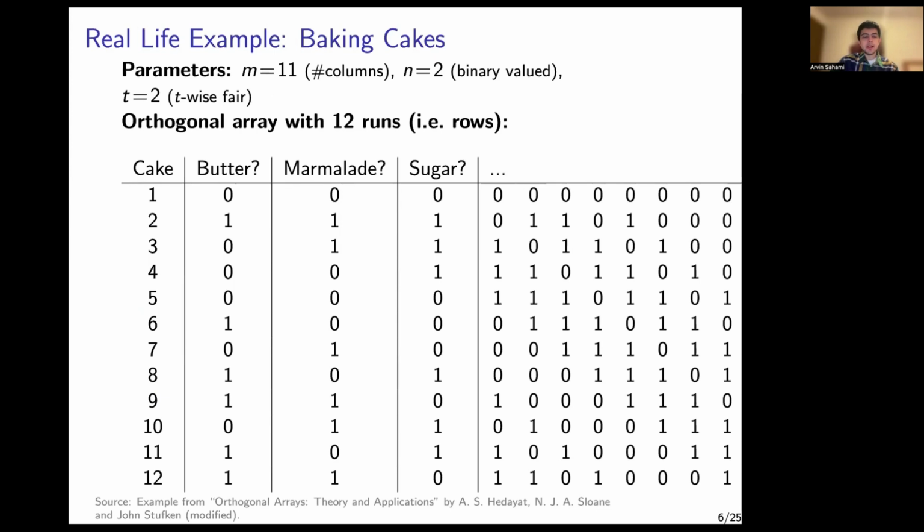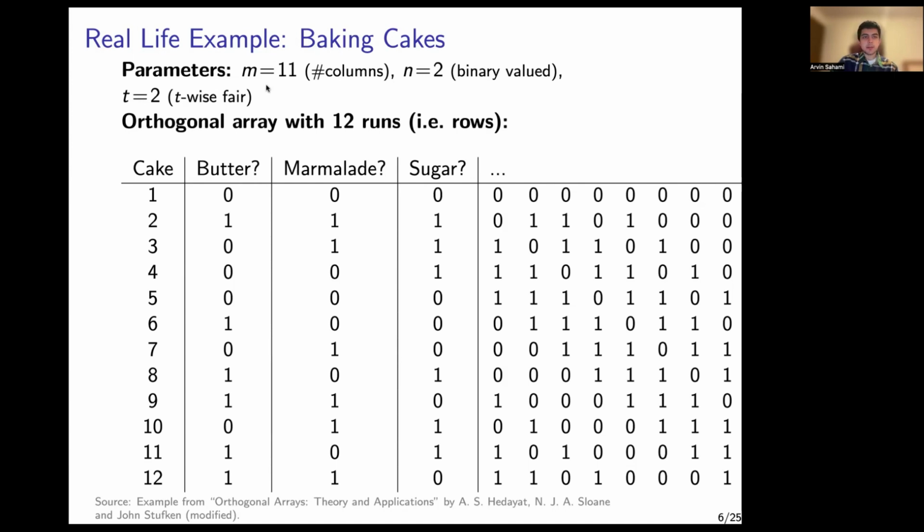Okay, so let's give an example of what an orthogonal array is going to look like. An orthogonal array is a matrix in which the features are the columns. So here I have 11 columns. My m is 11, and my levels are just 2, 0 or 1, so n is 2.